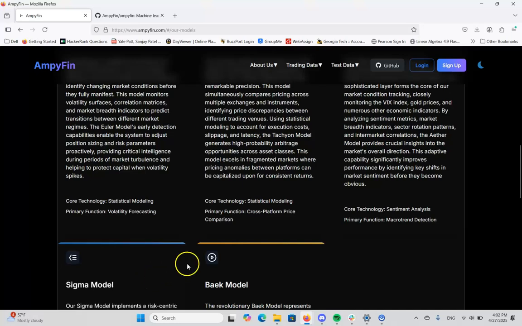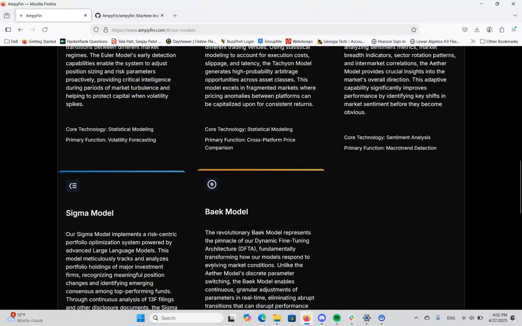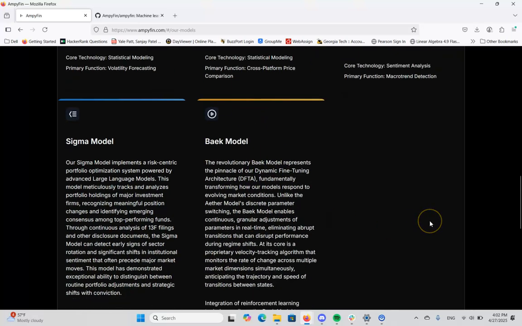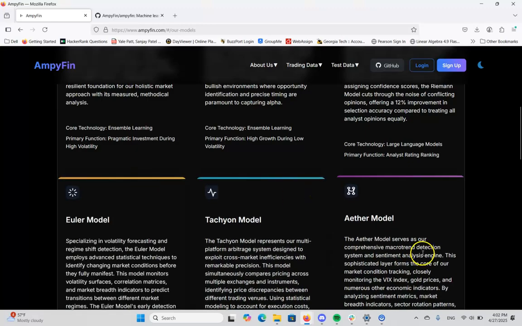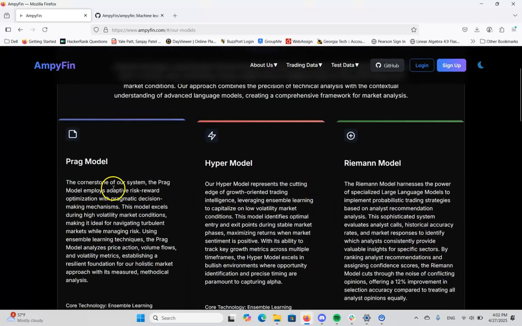For version 4.0.1, we use what's called dynamic fine-tuning architecture, which is our big model. In version 3, different models have discrete parameters to switch between on different market conditions. It's pre-programmed into them.